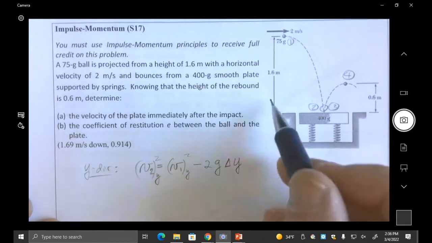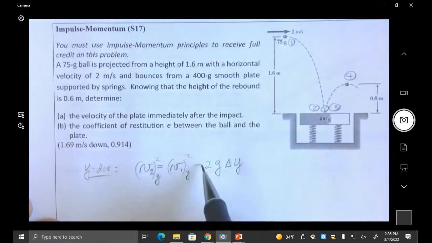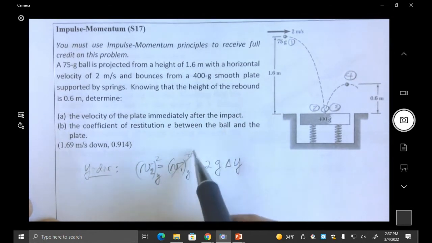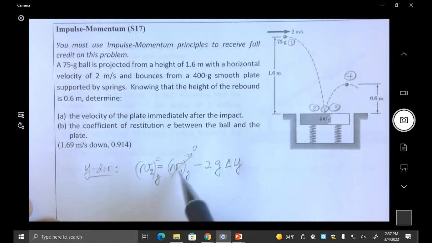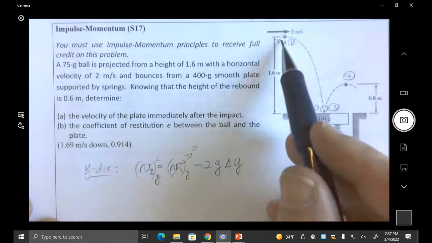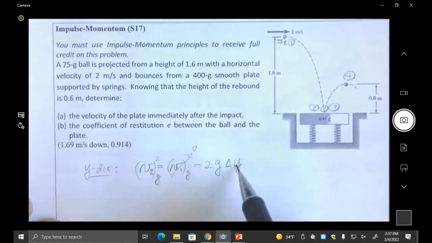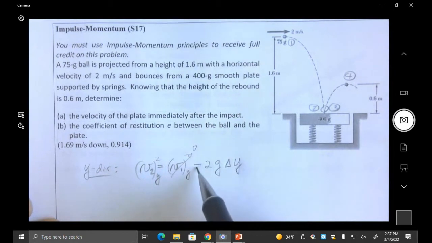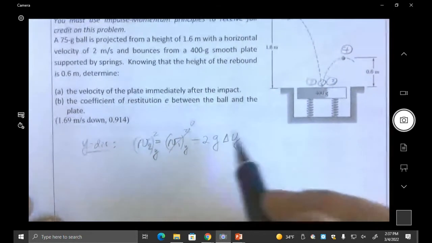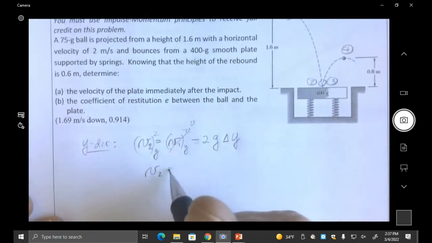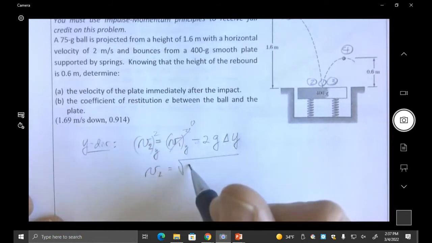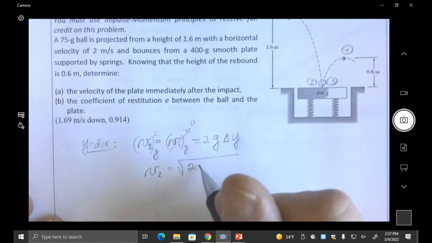You got to be careful here. The delta y is actually negative. Just be aware that we're starting out with a y velocity of 0, but it goes from a high position to a low position, so this is actually a negative value. So don't be concerned there. We can find that v2 is going to be the square root of 2.